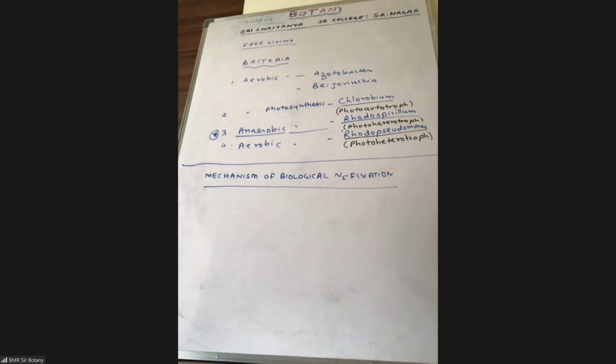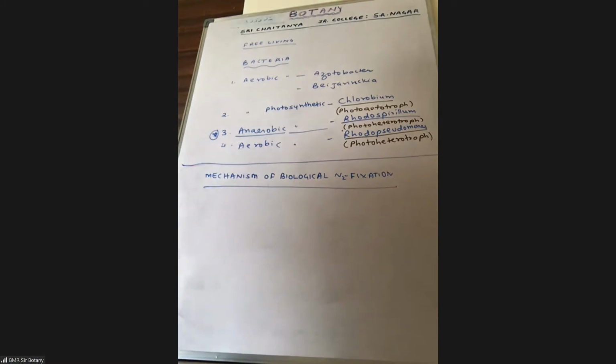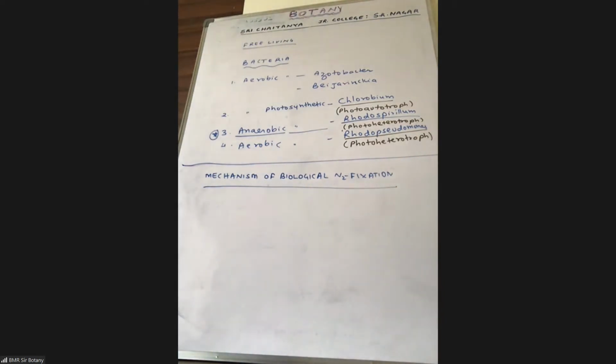From that context, we said Rhizobium is free living in the soil. When it is in symbiotic association, only then will it cause nitrogen fixation. And in that case, is it living as an aerobe or anaerobe? When it is symbiotically associated, it is an anaerobe. When it is free living in the soil, it is an aerobe. The same, of course, is the case with Frankia.